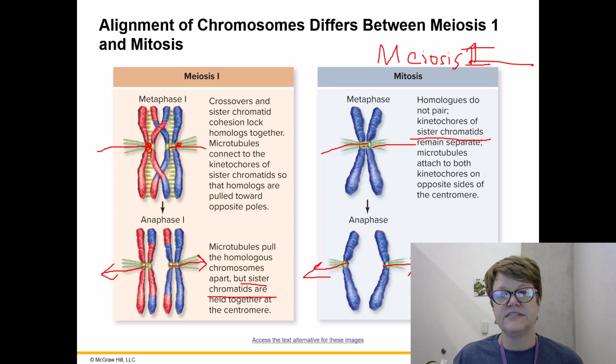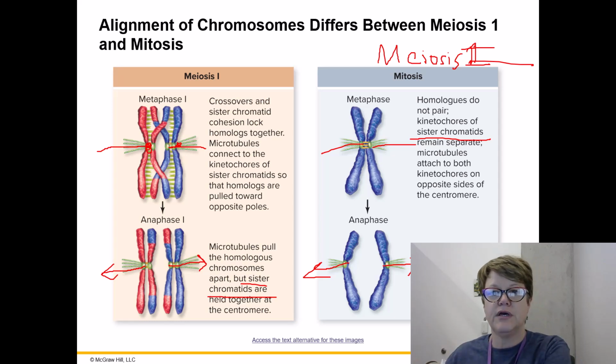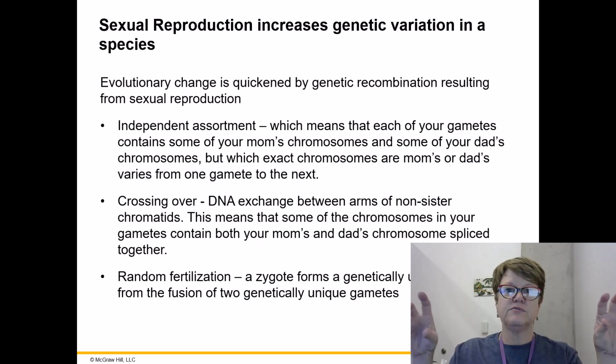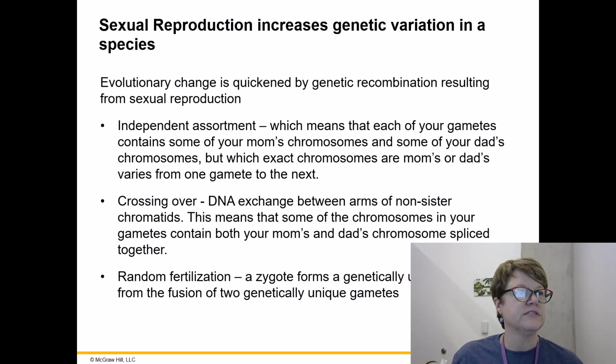So there's always this comparison of what's happening in meiosis I, various things that are different compared to meiosis II and mitosis. Keep that in mind. So we said that sexual reproduction, remember, includes meiosis, which makes the gametes, and then fertilization, which brings those gametes back together in a fusion to make zygotes.